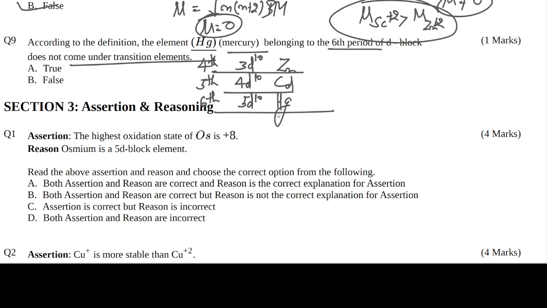So it is true that it lies in the 6th period, but they do not come under the transition elements, because in all these cases the d orbital is fully filled. So mercury is not a transition element, and this statement is true.